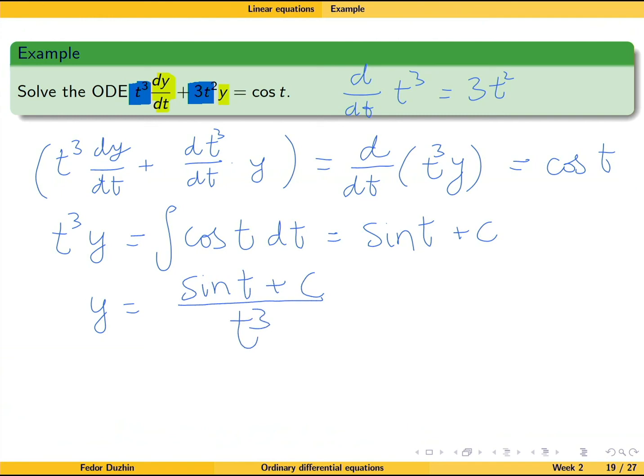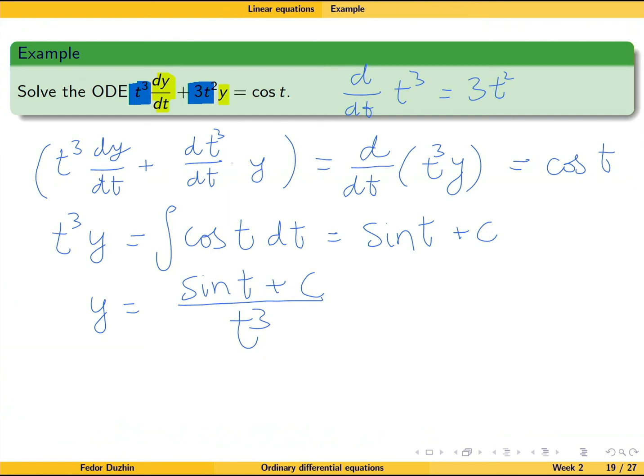So now notice that, unlike separable differential equations, here all the steps are completely rigorous, and from the steps it is absolutely clear that by doing this we found all solutions of this differential equation.